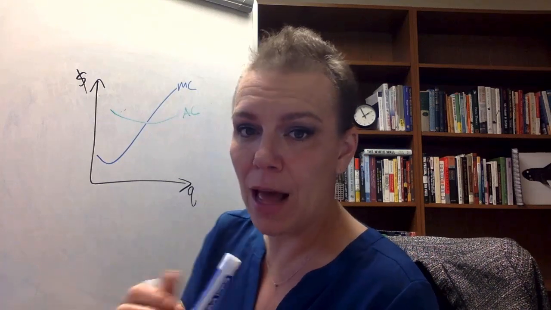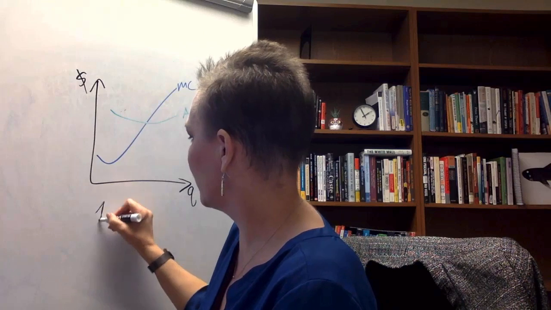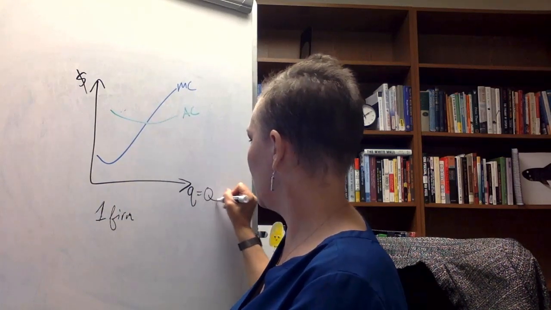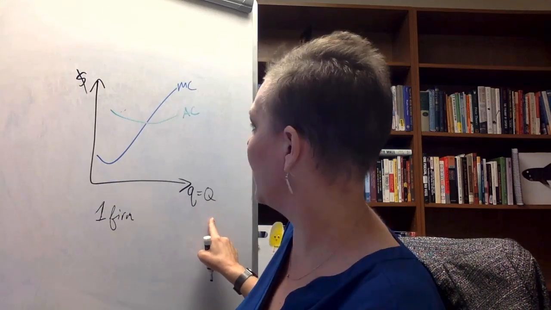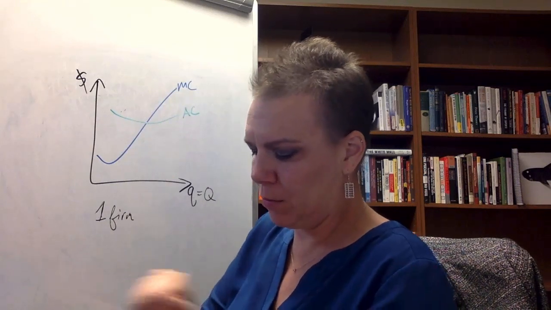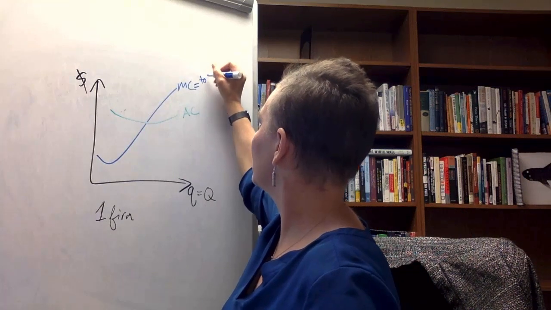But for a monopoly, because there's only one firm, lowercase q equals uppercase Q, because the firm quantity is the whole market quantity, and there's no supply curve because the marginal cost curve is the total market supply.